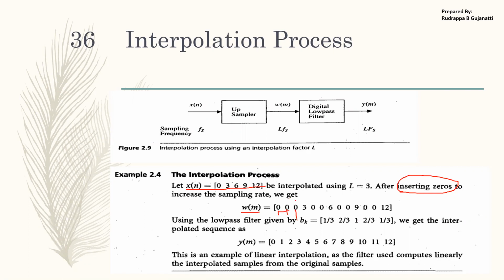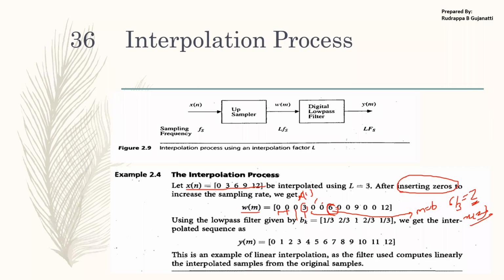This one is at the 0th location. This one will be x of 1, but these two are the extra samples. If I observe this location, it would be 0, 1, 2, 3, 4, 5, 6, so m is equal to 6. When m is equal to 6, 6 divided by 3 is 2, which is the sample present at the second location.